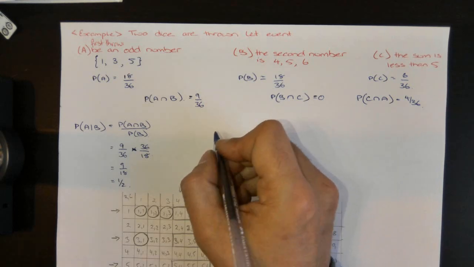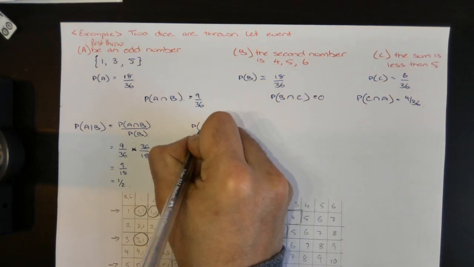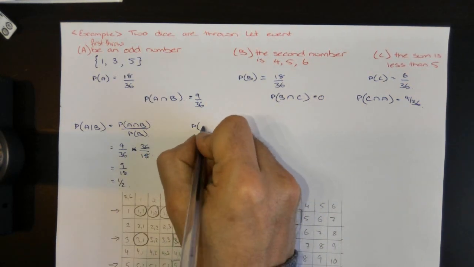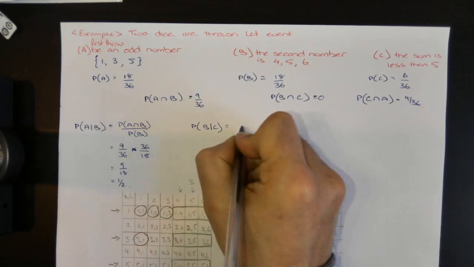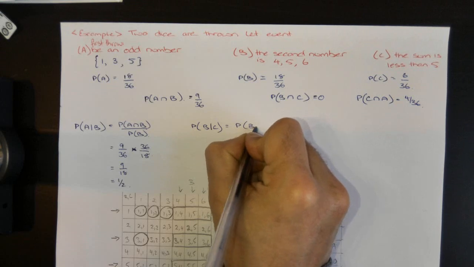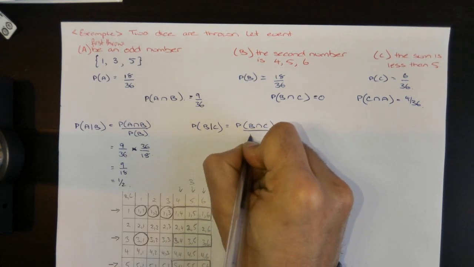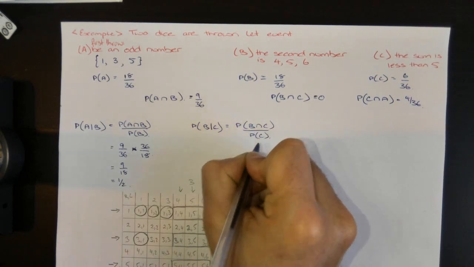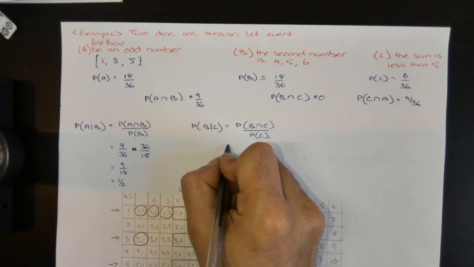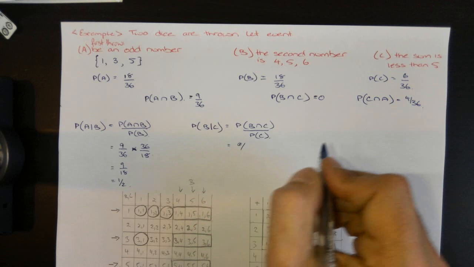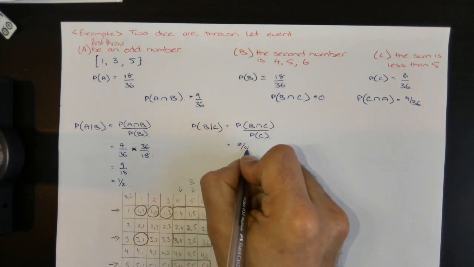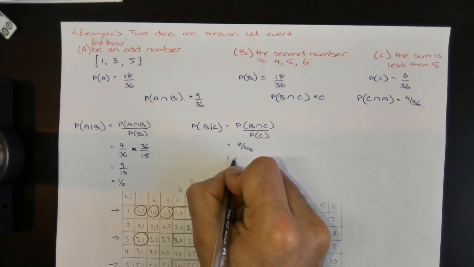Let us look at the probability of B given C. So that's the intersection over C. Okay. So the intersection is 0 over 6 over 36, which is still going to give us 0.